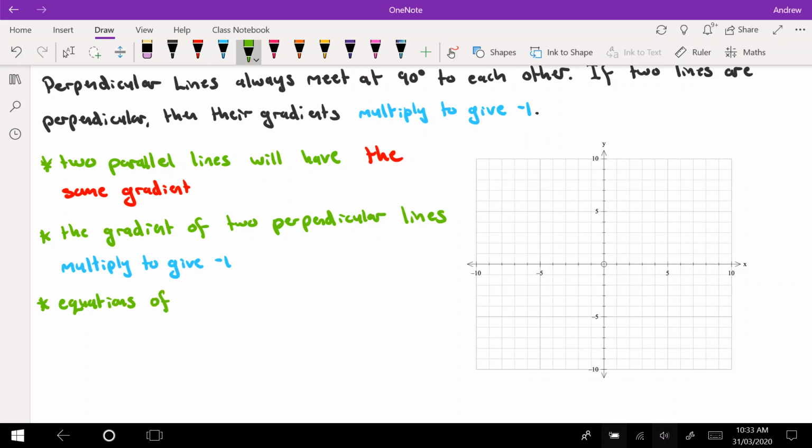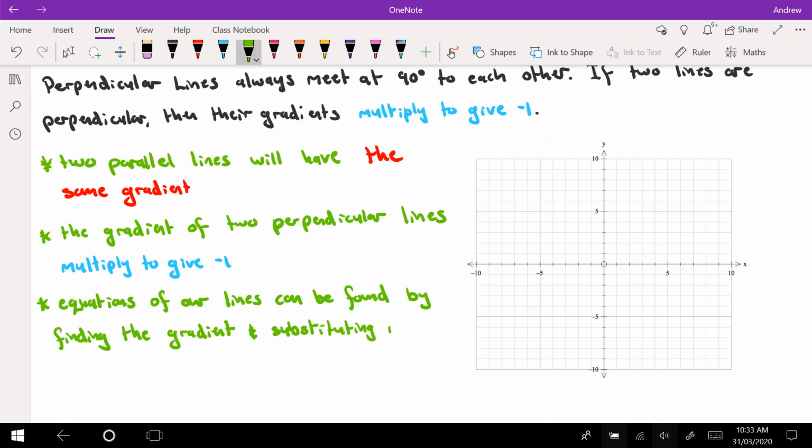Equations of our lines can be found by finding the gradient and substituting in a point. And we'll go through a few examples of that later where we do that exact process, okay?